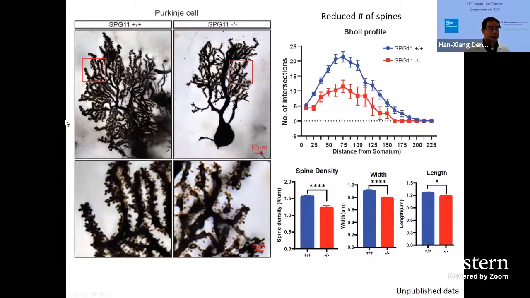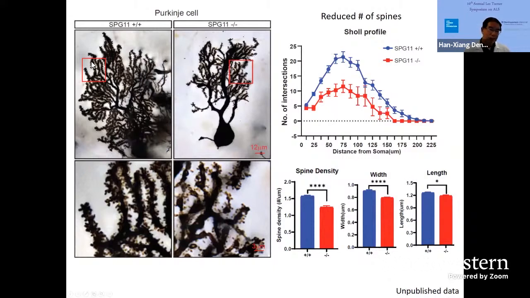We can see this is the Purkinje cell, this big, with so many branches of the dendrites. And here is the Purkinje cell from the knockout ALS5 or SPG11 mouse model. You can see the branches are much less.